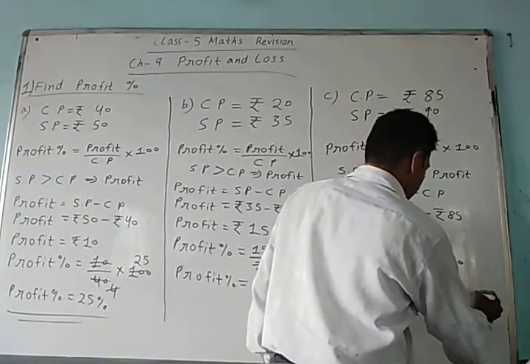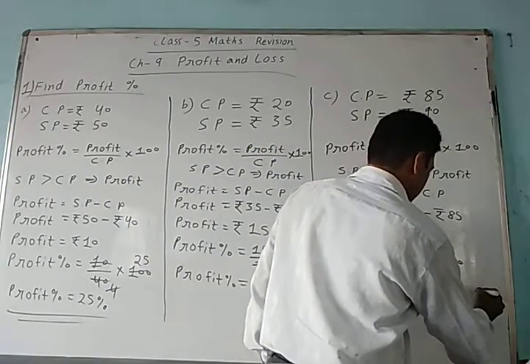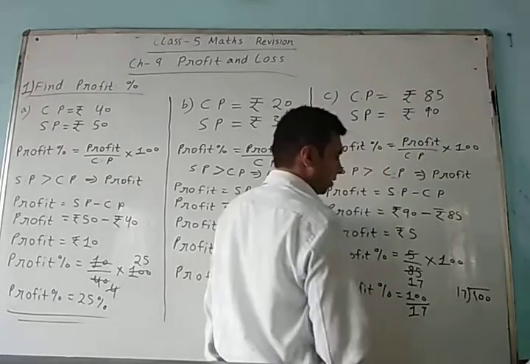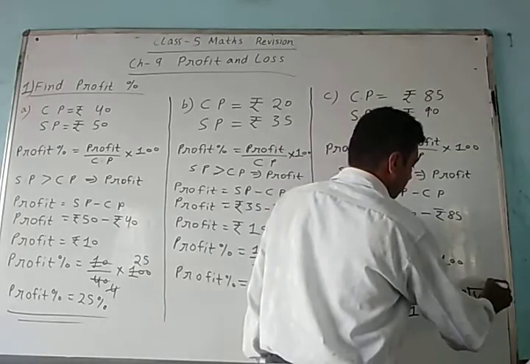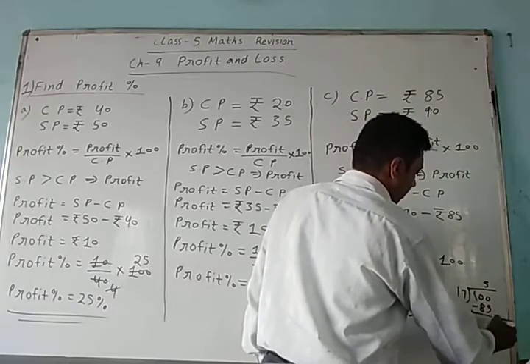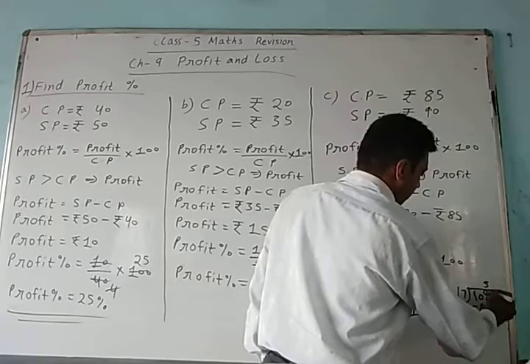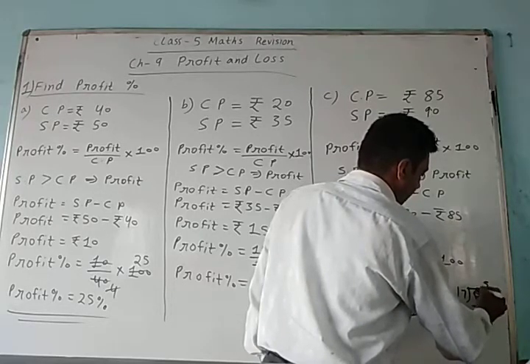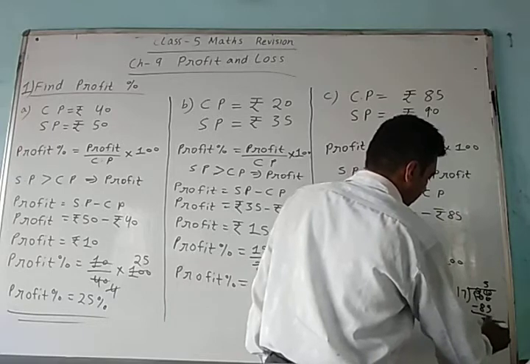Now divide it, student. 100 divided by 17. How many times will it go, student? 17 times 5, 85. Now 100 minus 85, 15.